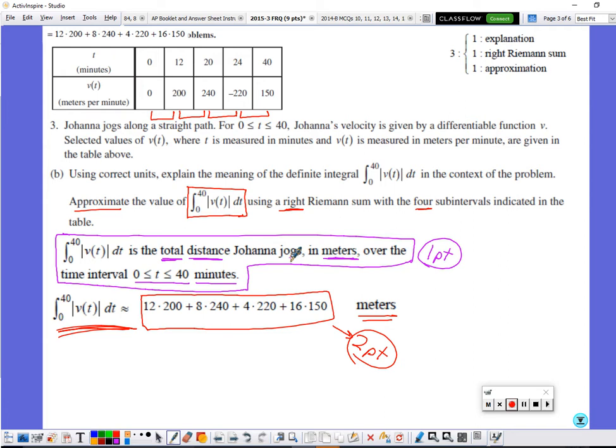So for the approximation, I selected the absolute value, and then 12 times 200, 8 times 240, minus 4 times 220, 18 times. Yeah, this is probably okay.